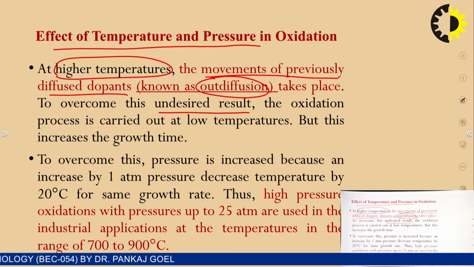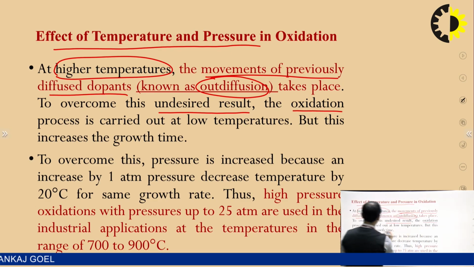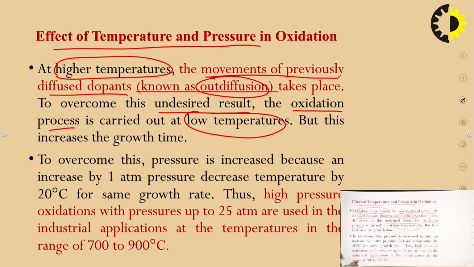Now, there is a way to avoid it, which is doing our oxidation process at a low temperature. But if we do our oxidation at a lower temperature, what will happen? The rate of oxidation growth slows down. So, the growth time is more.